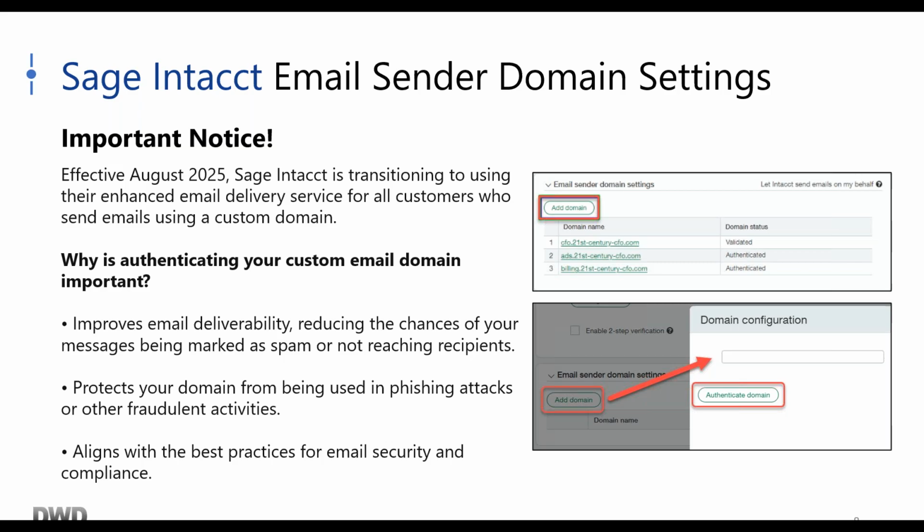And I'm going to go through that here as we get started in the software. I'll show you where that can be done. Now, if you don't care whether or not it comes from a generic Sage email address or your actual domain, maybe it's not a big deal. But I will say if you are using your domain, you'll want to make sure it's validated by August 2025 this year. Otherwise, you might have some emails that don't get sent, or maybe they error and don't get delivered to the party you're trying to send them to.